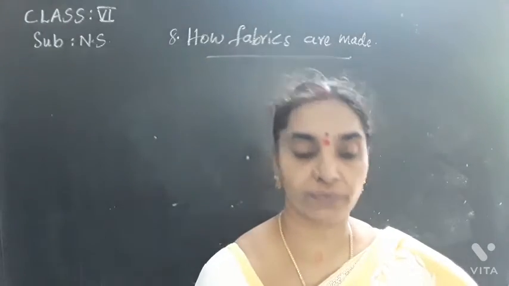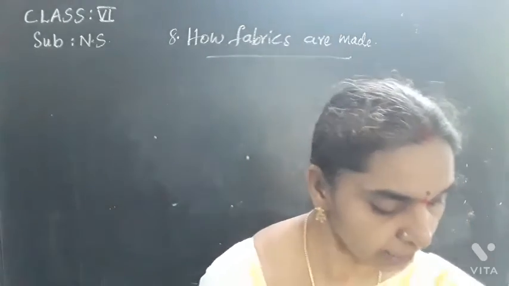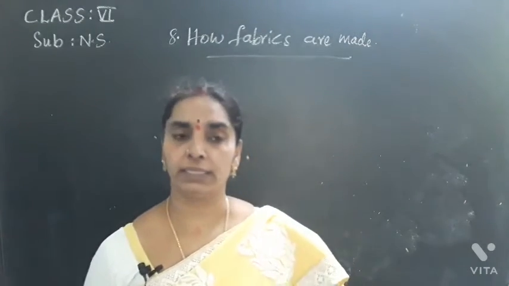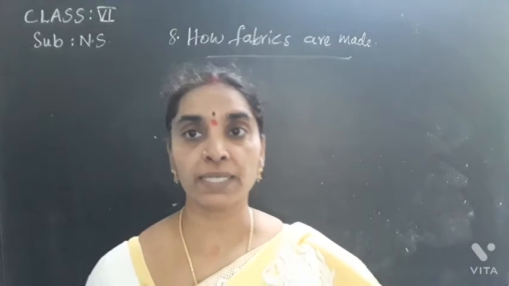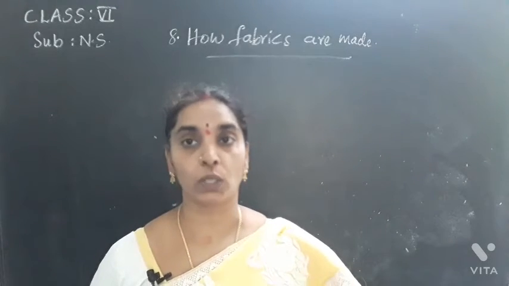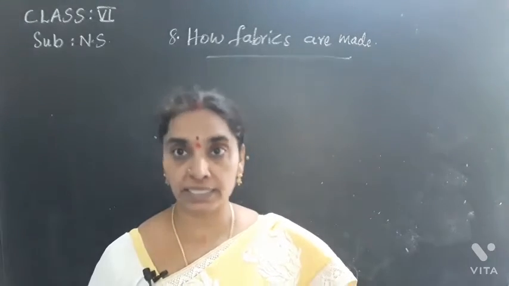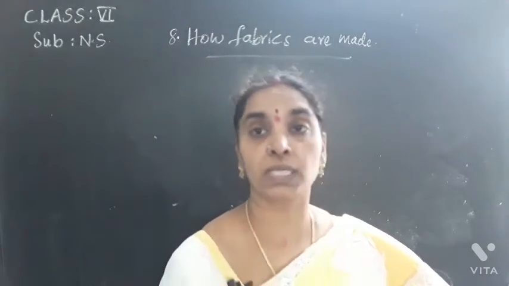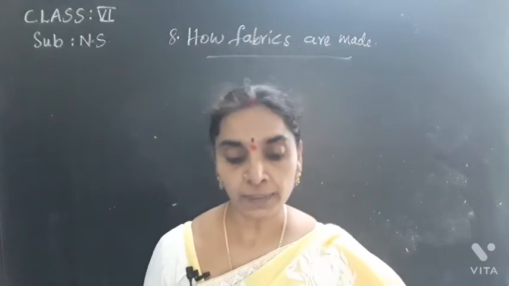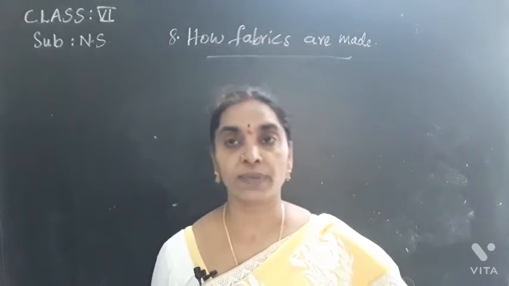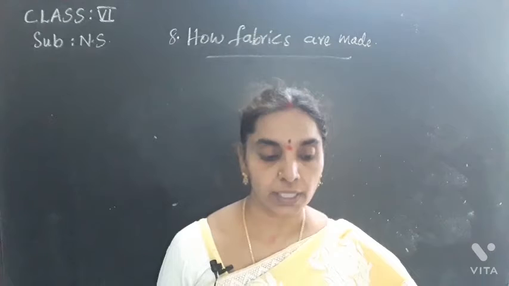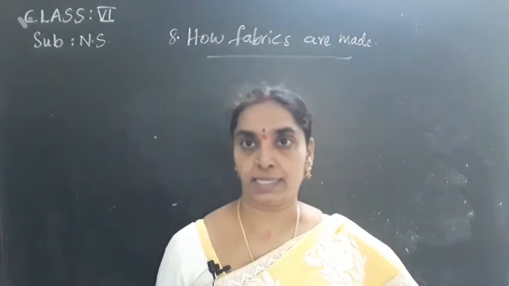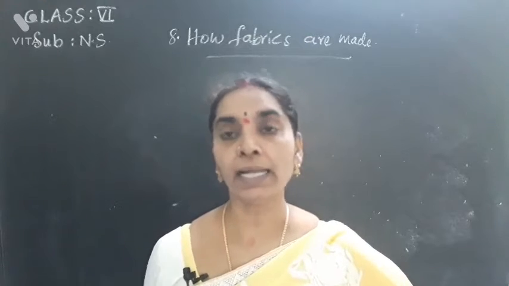So the seasons are summer season, winter season, rainy season and autumn season. But India has a tropical climate because it is very close to the equator. So we have only 3 seasons: summer, winter and rainy.